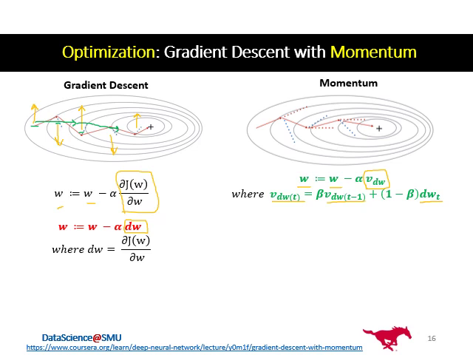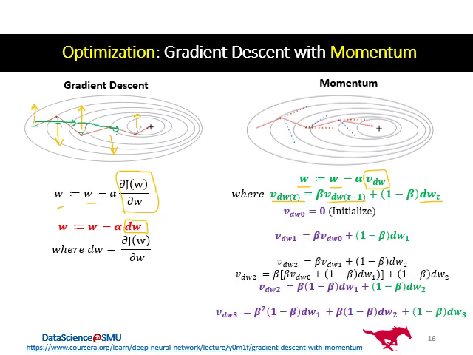Now this might sound a little bit ominous right now, but let's take a look at a simple example. So we start off by initializing the velocity to 0. Then at the first iteration, we have the velocity is equal to beta times the velocity at the previous iteration, which is VdW0, plus 1 minus beta times the gradient at the current step, which is dW1.